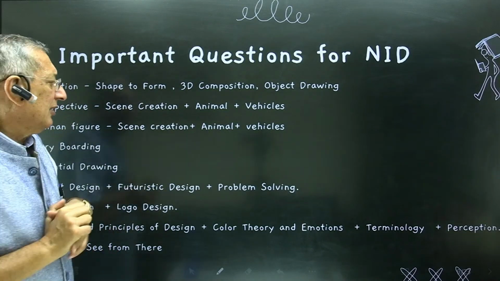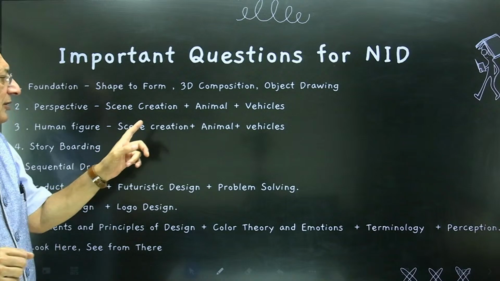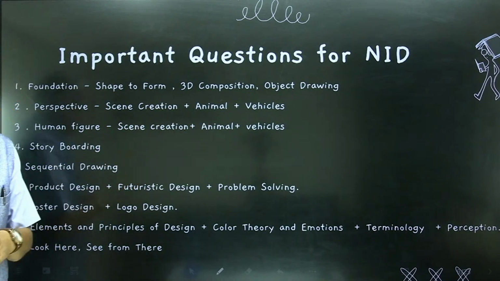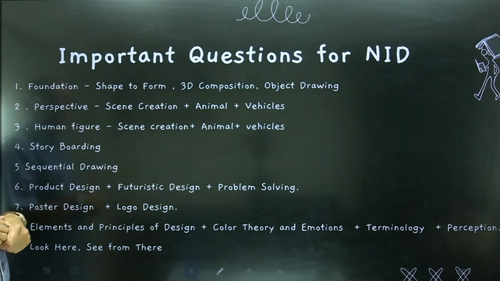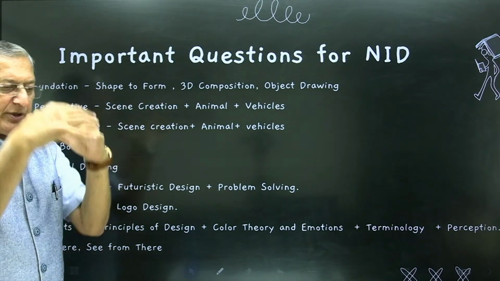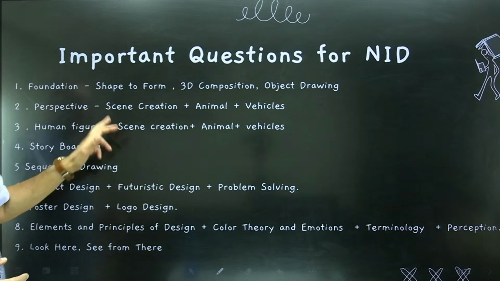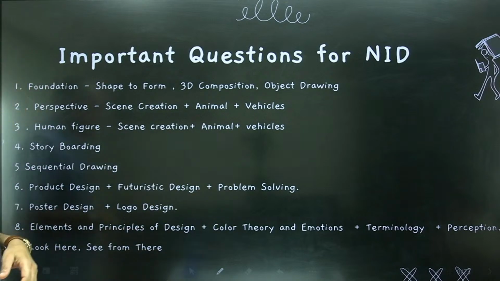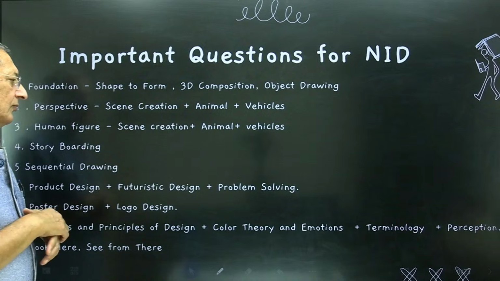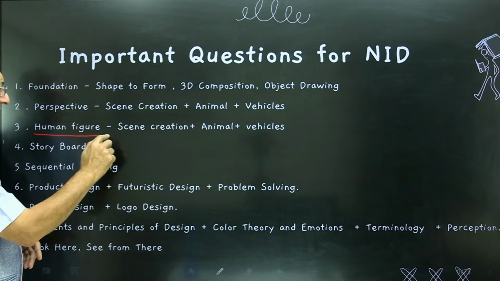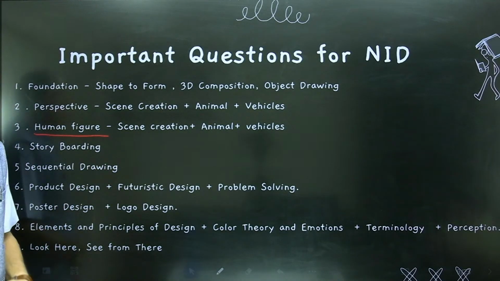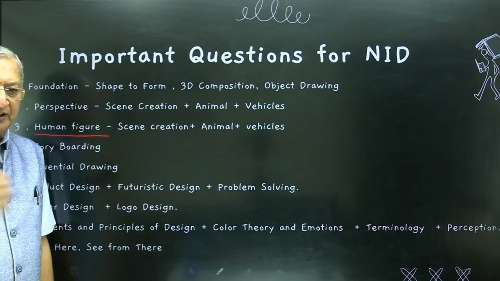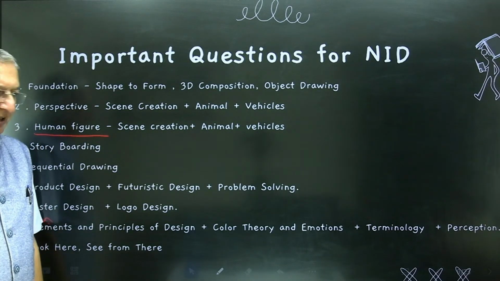Even the proportion of a human figure to a vehicle is what you have to remember. In fact, these 2 topics can be combined and worked out into this small word, scene creation. Remember, the human figure is one that you have to work out very diligently, very effectively.